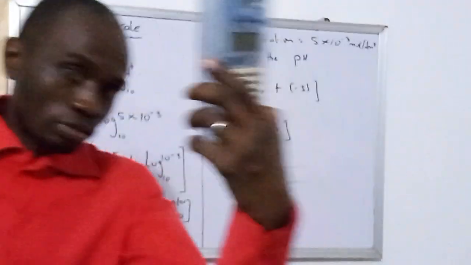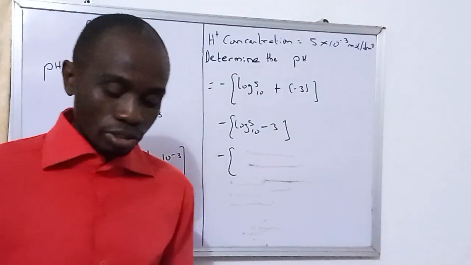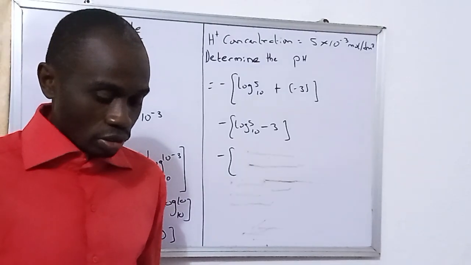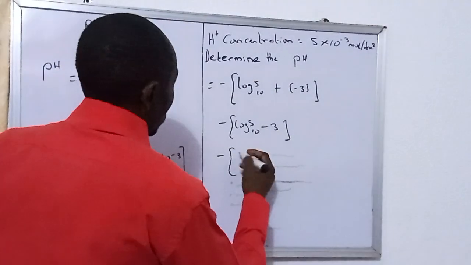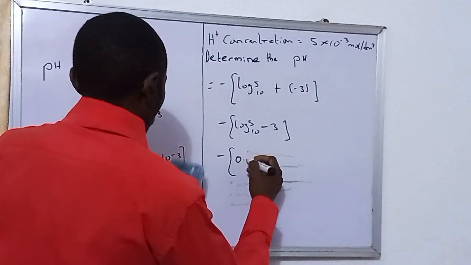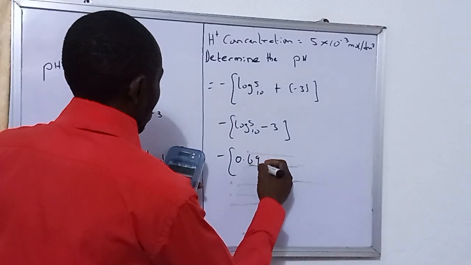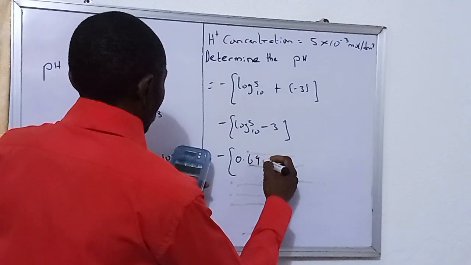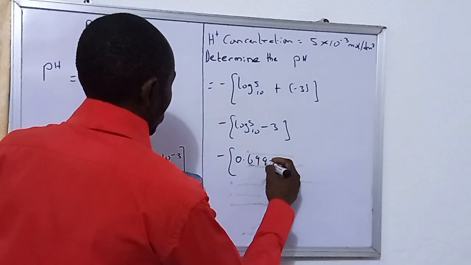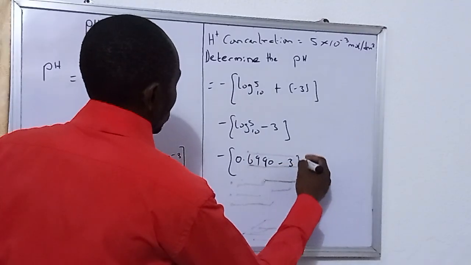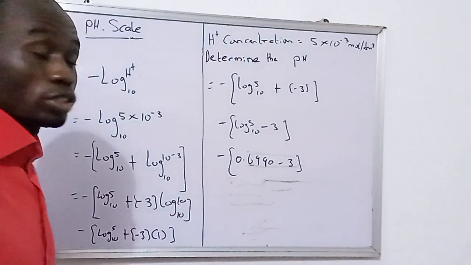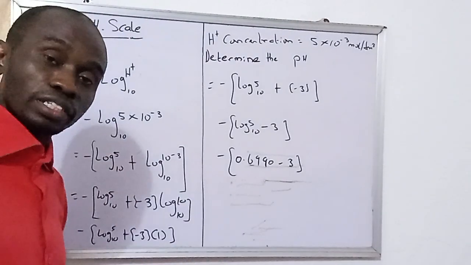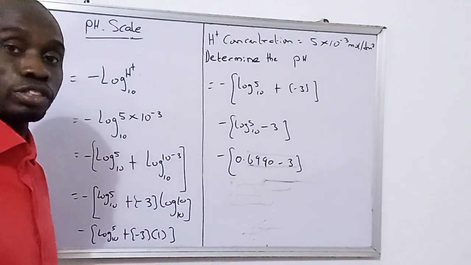I'm going to take my calculator. Sometimes you can use your four-figure table. I'm going to press log of 5, and I'm having 0.6990. Then minus 3. Let's work out the brackets first, get the answer in the bracket, then open the bracket.